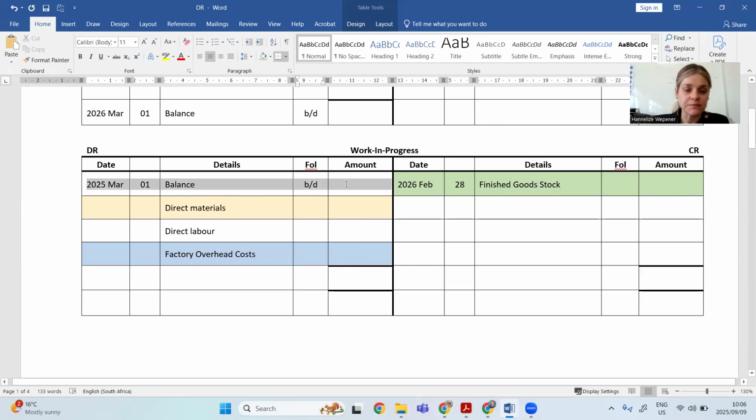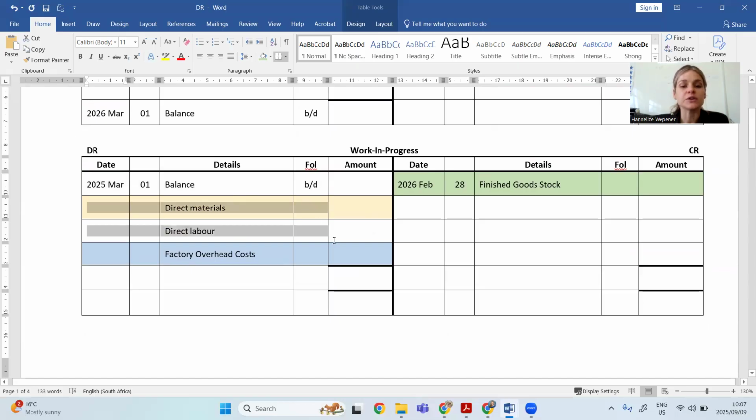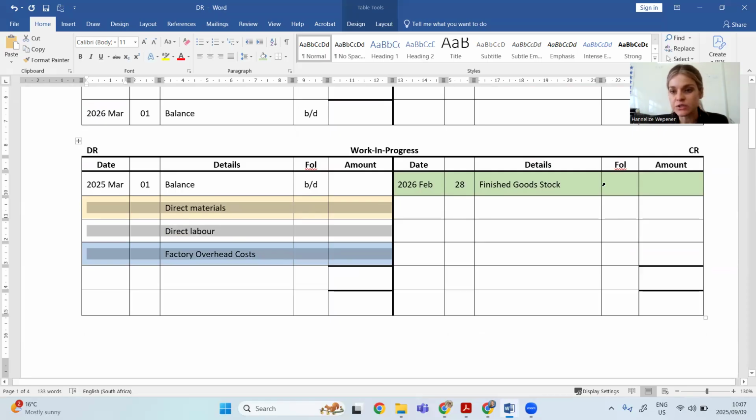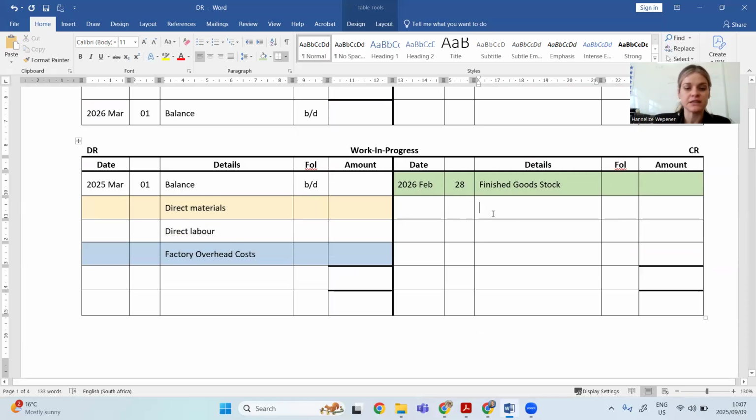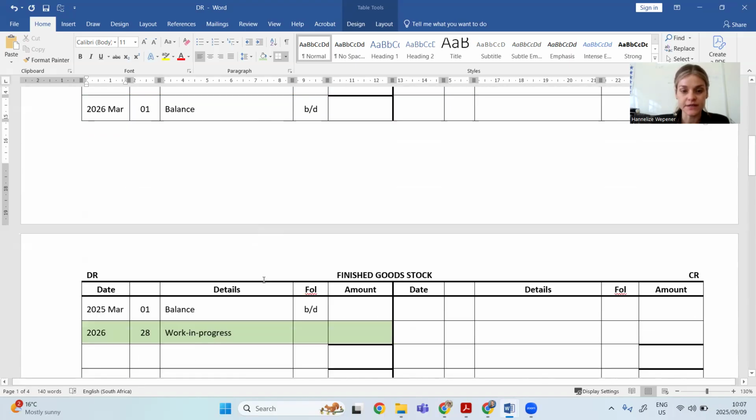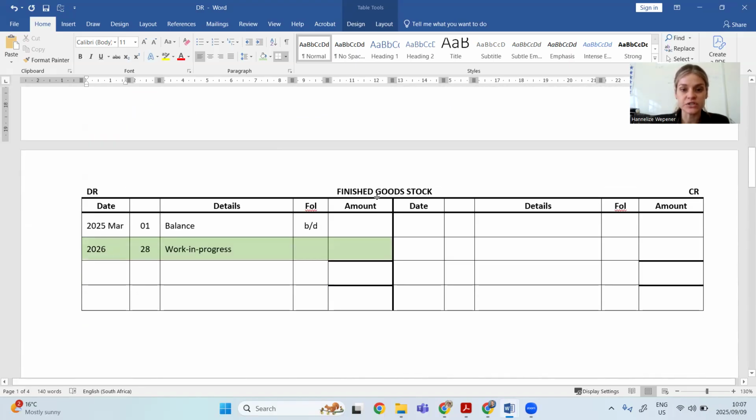So you started with the balance at the beginning that you were still working on from last month or period. Then you now started working on additional goods, and then some of it you were done with, but it could be that you haven't yet finished all of it. So you'll have a balance carried down at period end, and then a balance brought down at the beginning of your next period.